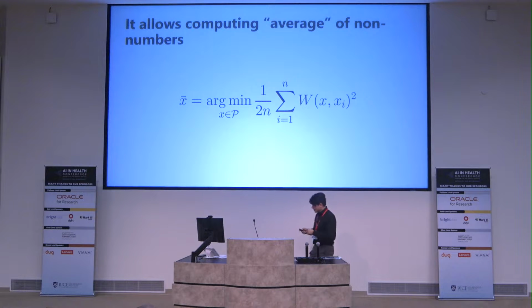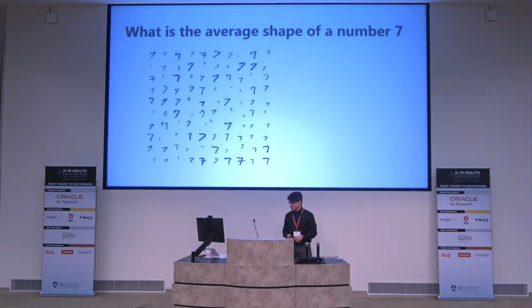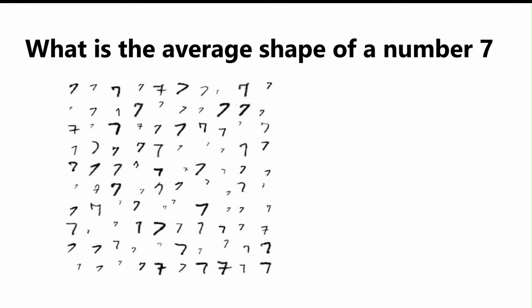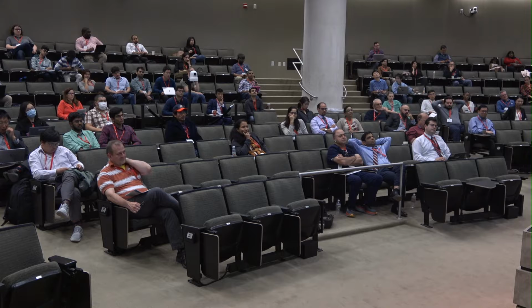So again, this is a bunch of mathematics, but let's see how this works. What if I ask you what is the average shape of the number 7? In memory, we all know how to write the number 7. But if you ask a computer to give me the average shape of a number 7, like if you're a computer vision scientist, you can imagine that all these number 7s are images made of pixels, so you can do pixel-wise averaging of these images.